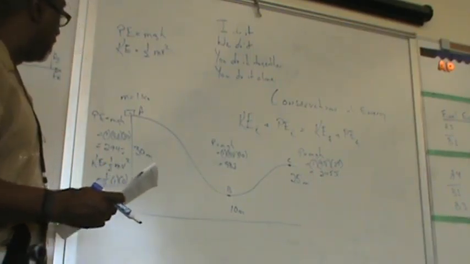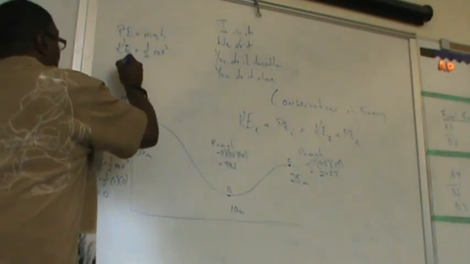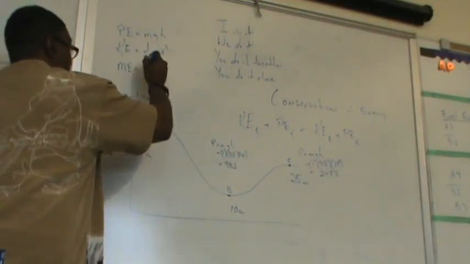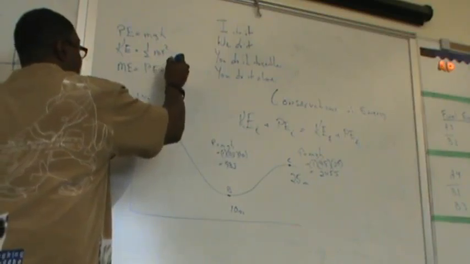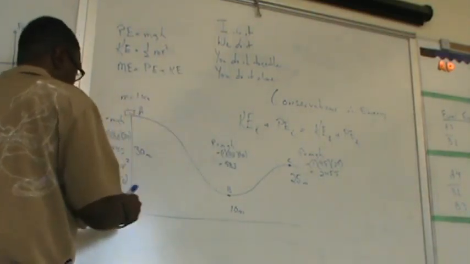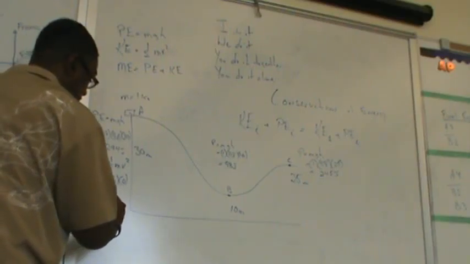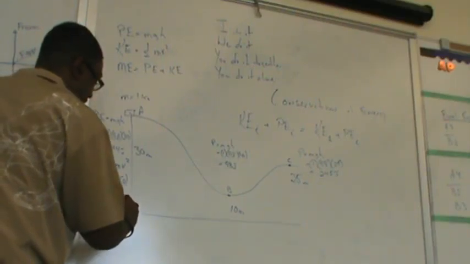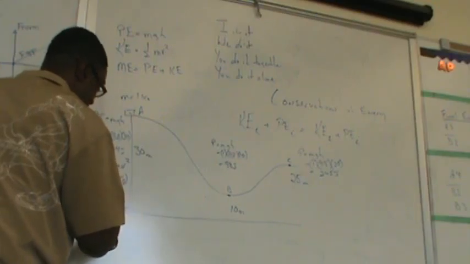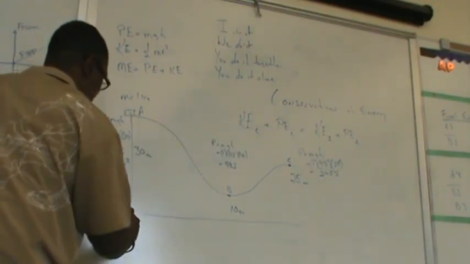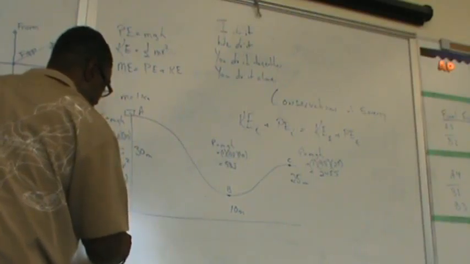And then we know that the mechanical energy equals the potential energy plus the kinetic energy. And here, ME is equal to PE plus KE, which is equal to 294 plus 0, which is equal to 294.